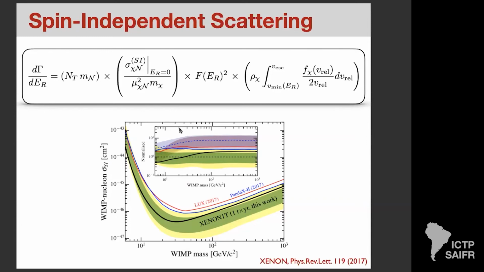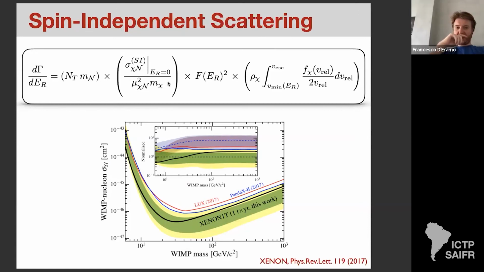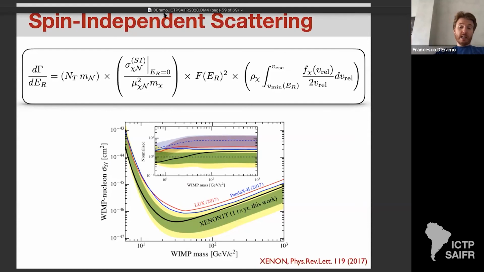Sudipta is asking, is there an experiment that can put bounds on dark matter with masses less than a GeV? Yes, I think I answered that before. There are experiments with electron recoils that are more sensitive to the sub-GeV region. Unfortunately, I will not be discussing them, since this is the first introduction to dark matter and I wanted to focus on the first attempts at direct detection, which is with nuclear recoil.